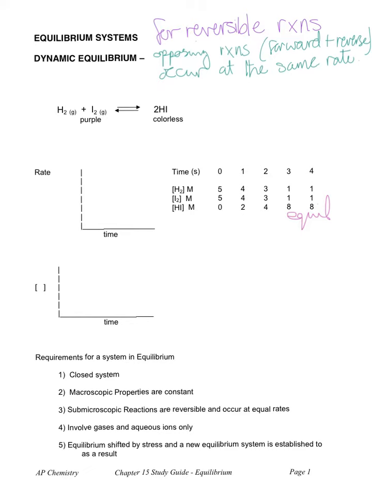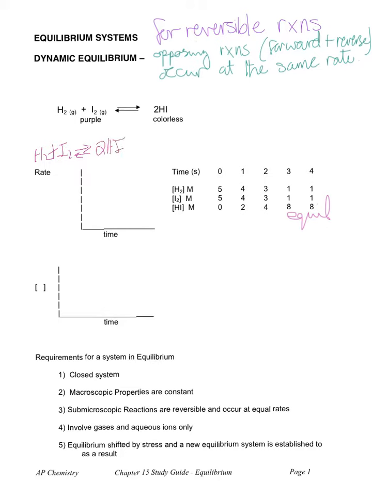So if we were to talk about rates, not concentrations, let's plot what rate would look like in terms of time. I'm going to start with the forward reaction. The forward reaction is our reaction H2 plus I2 yields 2HI.